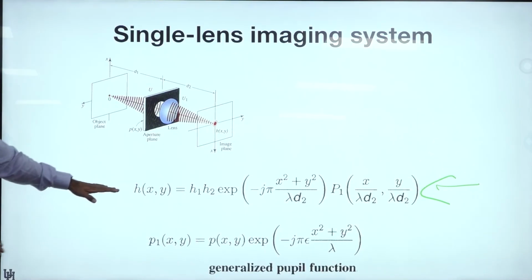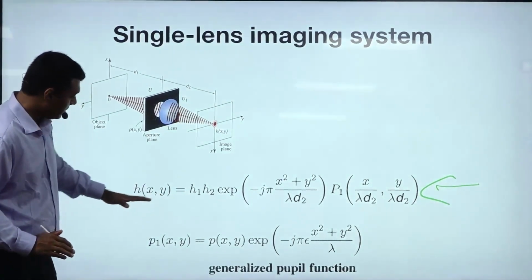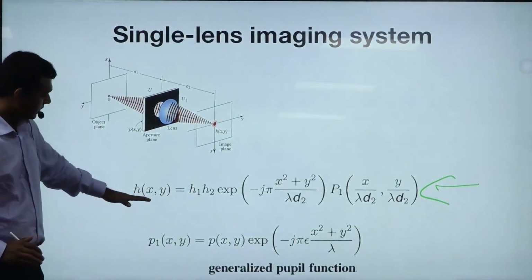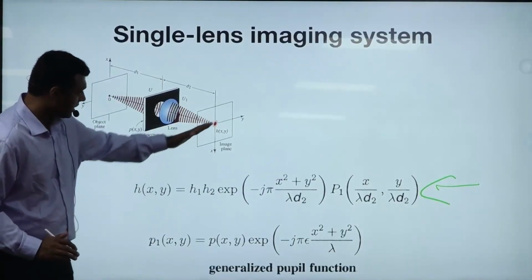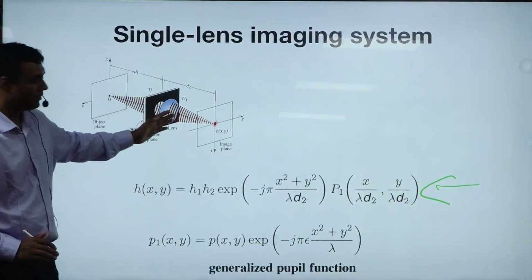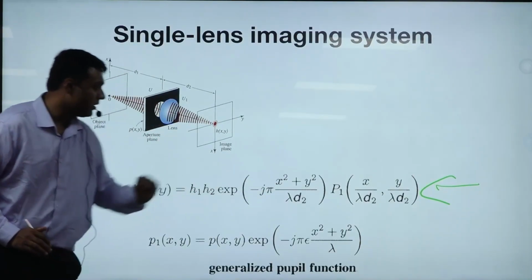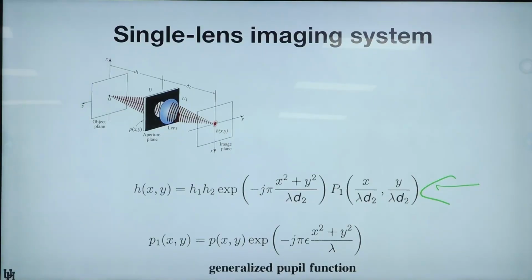So basically, what you see on the screen, if you have a dot and a lens in front of it, is something of this sort. This is the Fourier transform of the pupil along with the e to the x square plus y square, what's called a generalized pupil function.